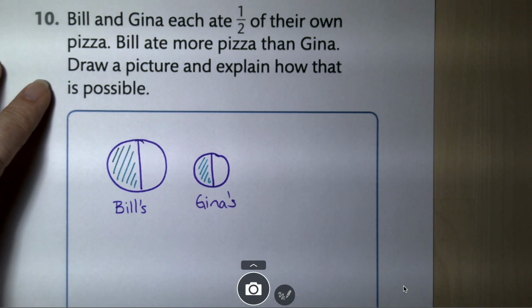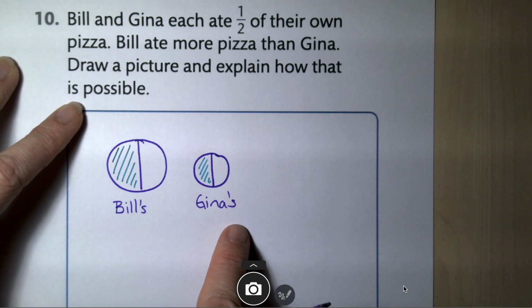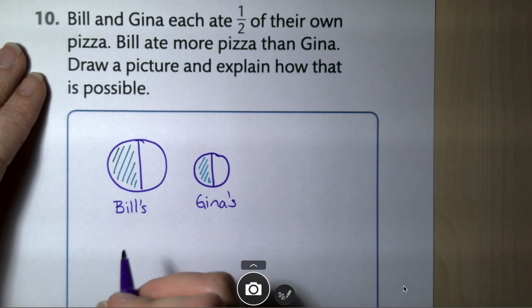And my question says, draw a picture and explain how that is possible. I drew a picture and now I need to explain.